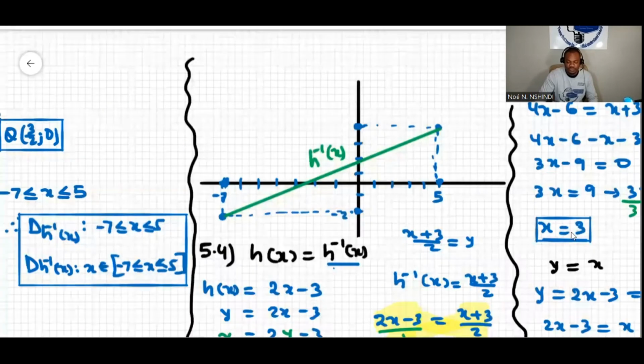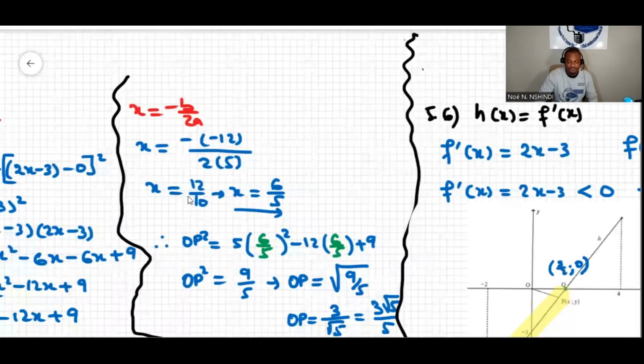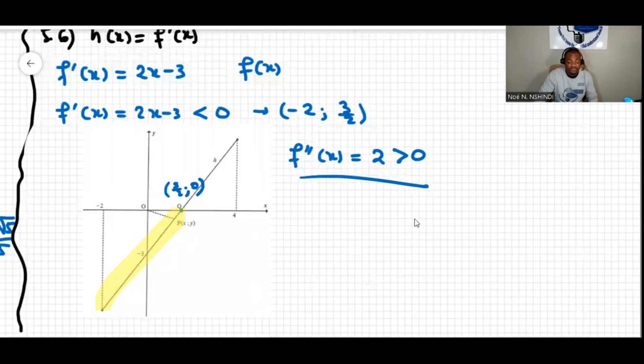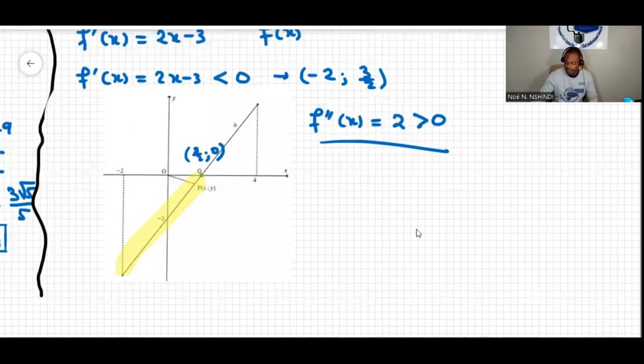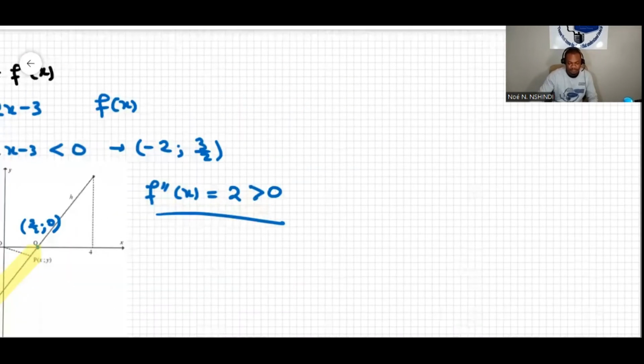First, we do know that the gradient of the tangent to a function is equal to its derivative. I'm going to write the question here. They say write down the value of the maximum gradient of the tangents to the graph of f.